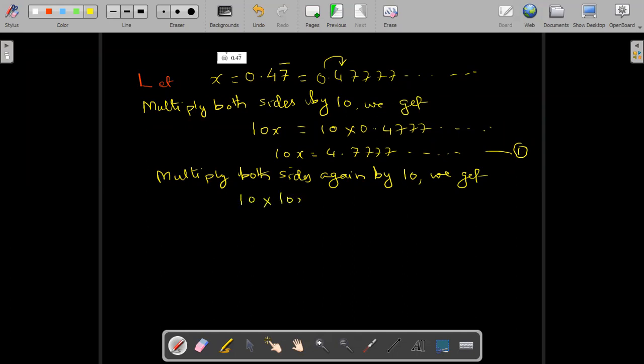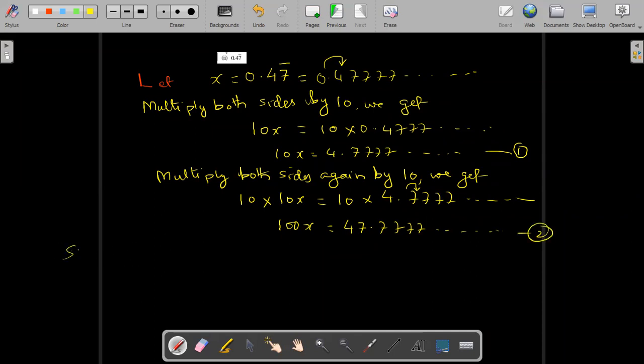Left side you are multiplying by 10, therefore right side you are also multiplying by 10. So 4.7777 multiplied by 10 is 100x, and this 10 will multiply, so the decimal will move one place to the right-hand side. So this will become 47.7777. This will be our equation number 2.